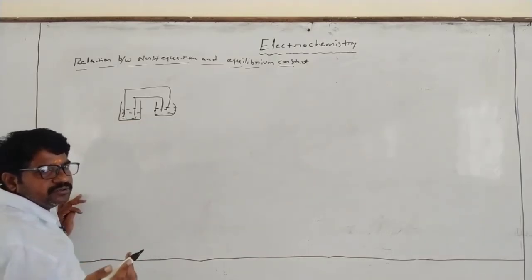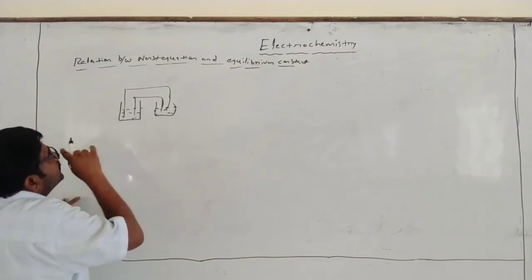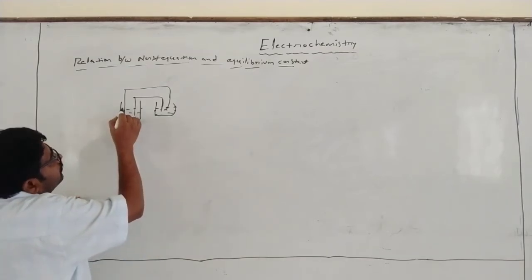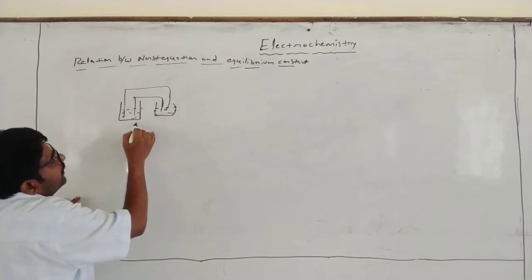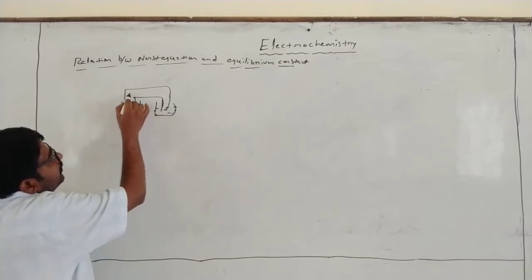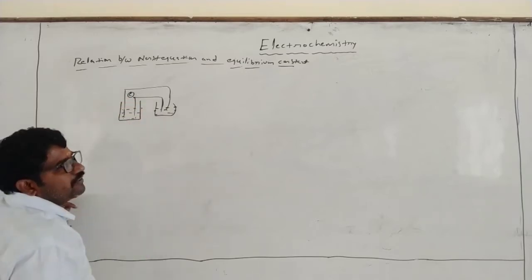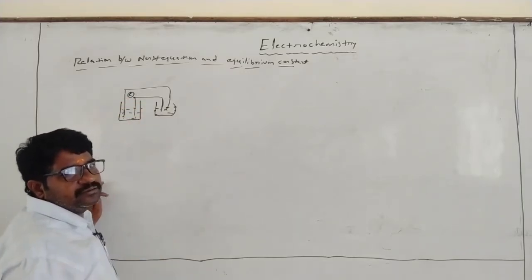After some time, what happens? The electrons are not transferred from anode to cathode. It means current is not generated.